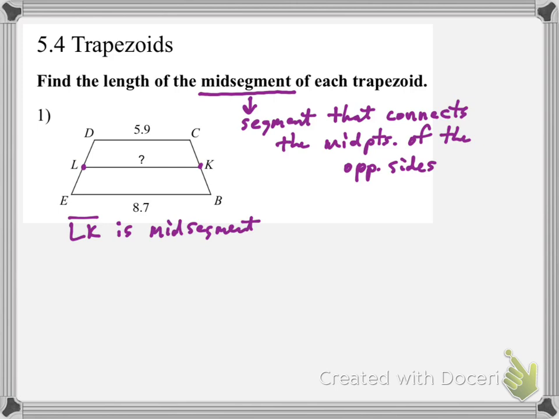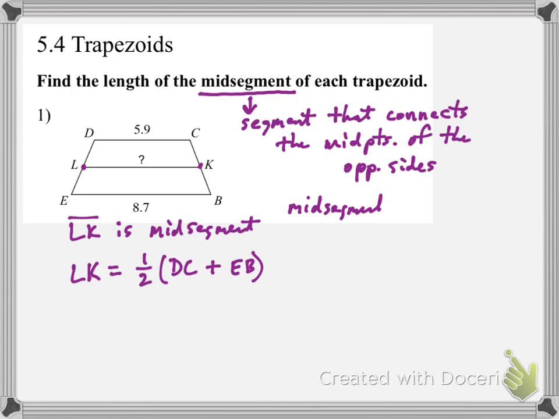Okay. Now to find the length of the midsegment, LK equals 1/2 times the sum of the bases. So let me write that out in English.